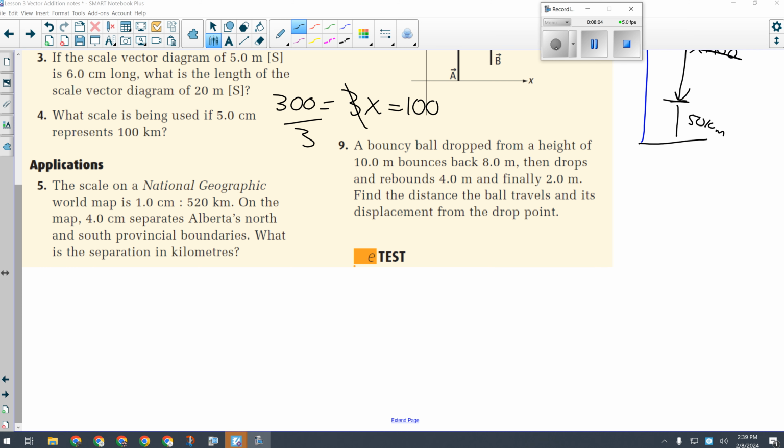We want to draw our vector diagram, but with collinear vectors that backtrack on themselves, it gets messy if you keep overlapping them. So what we typically do for these ones is we go, okay, I dropped it from here, this is my initial position, it falls 10 meters, and then it rebounds 8.